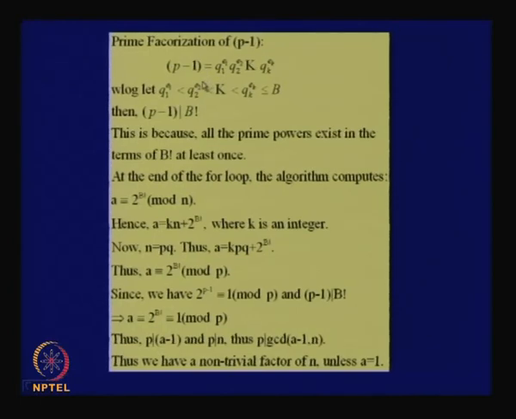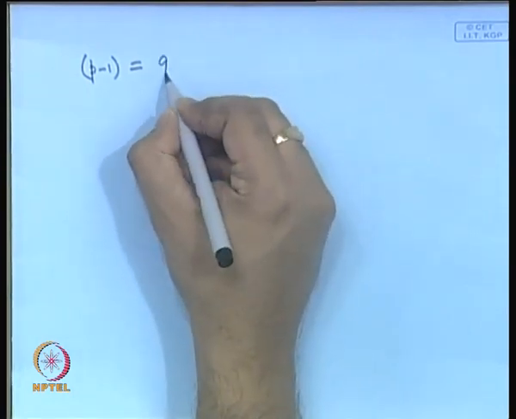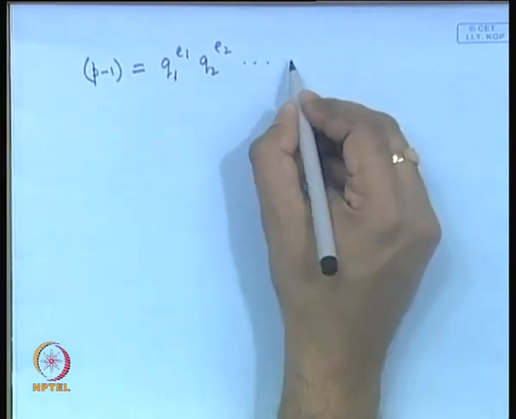So you see that p minus 1 will in that case be equal to q1 to the power of e1, q2 to the power of e2, and so on, up to qk to the power of ek.